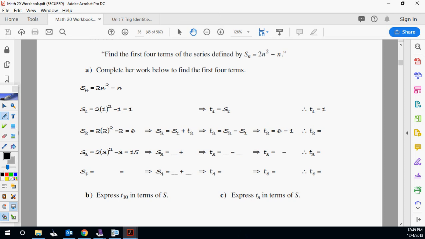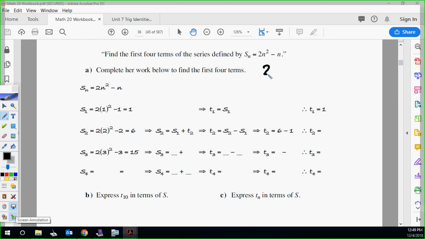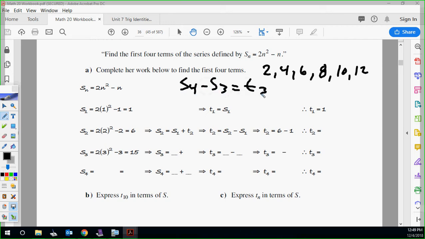Okay, so let me just show you a quick example. Let's just say that my pattern is very simple. It's 2, 4, 6, 8, 10, 12, going by 2s every time, right? So what I'm showing you is if I do S of 4 minus S of 3, that's going to equal term 4.